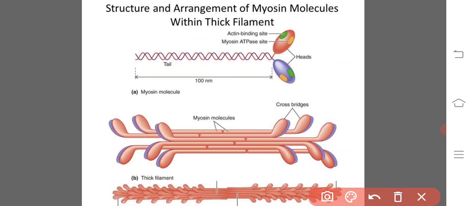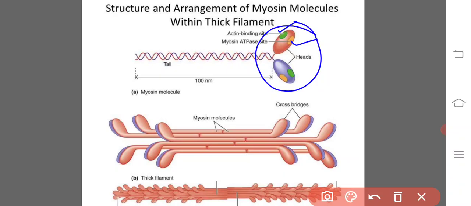Heavy meromyosin has the terminal double head projecting laterally from one end of each molecule and extending towards one of the six thin filaments that surround each thick filament. The head contains specific binding sites. These give accommodation for the attachment of the myosin molecule with the actin molecule.